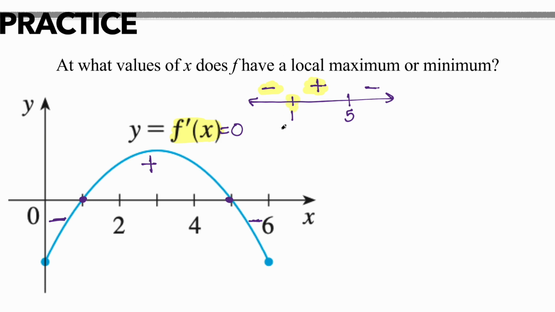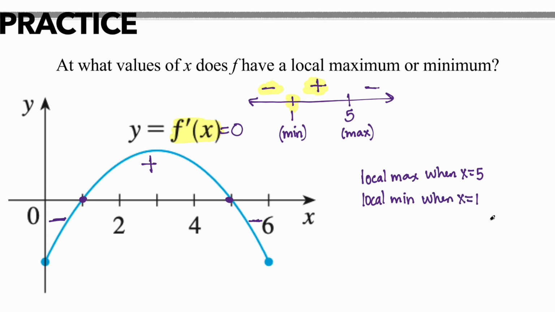That is automatically going to be a minimum. And then from a positive to a negative, that is a max. So we can say that there was a local max when x equals 5, and there was a local min when x equals 1. Again, remember this is the derivative graph, so we're looking for when it's below the x-axis and above the x-axis.